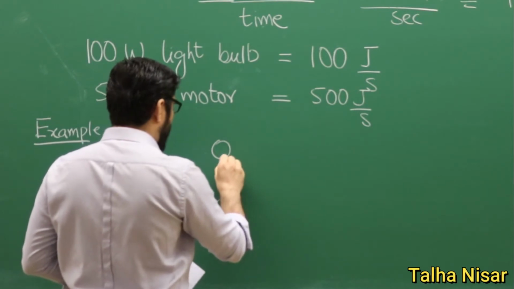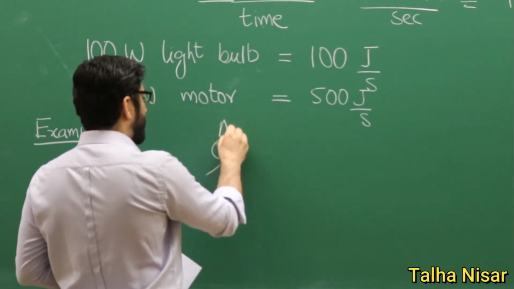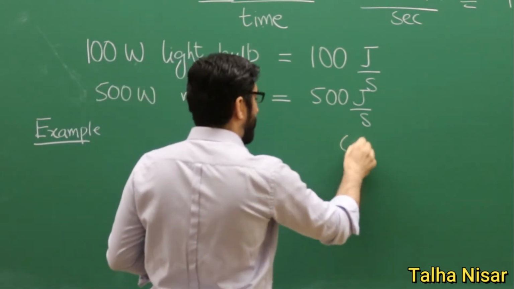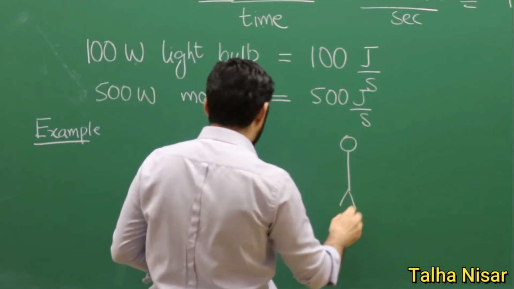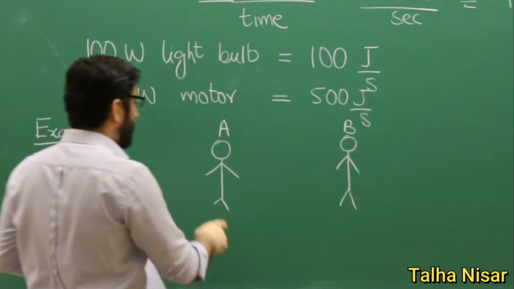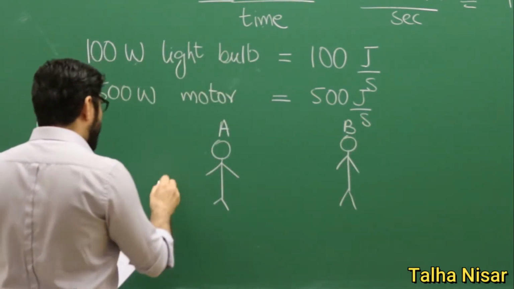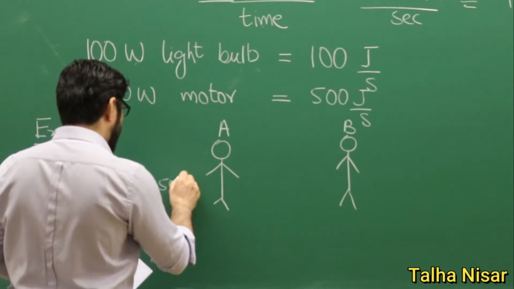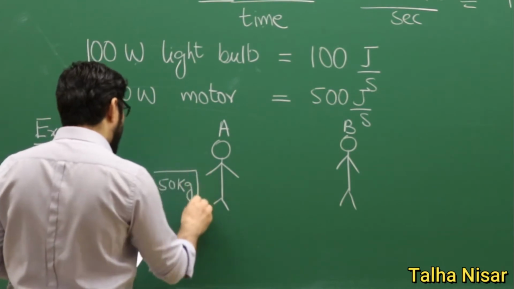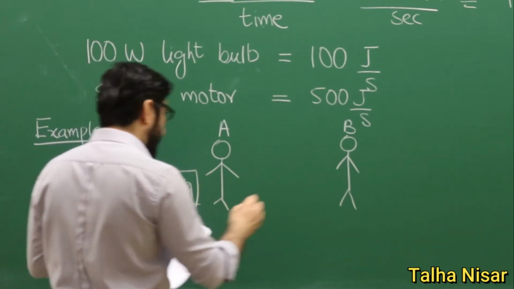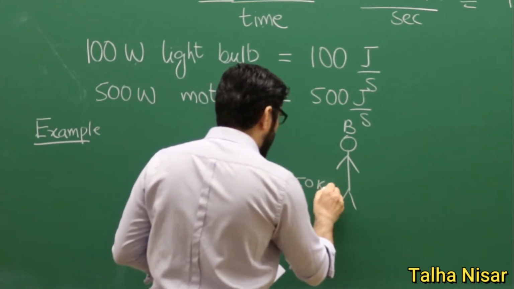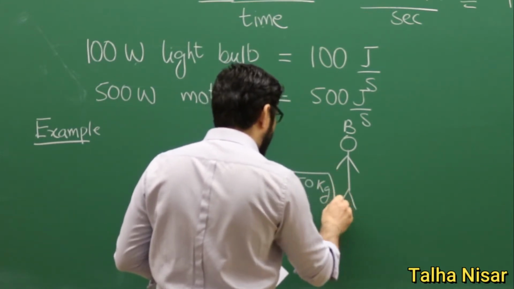We call the first person A, and then we have the second person, B. They are lifting 50 kg blocks. This is one block here, and we have another 50 kg block, so we have two blocks.